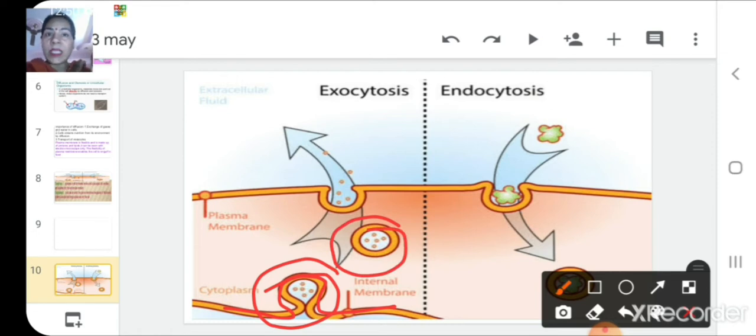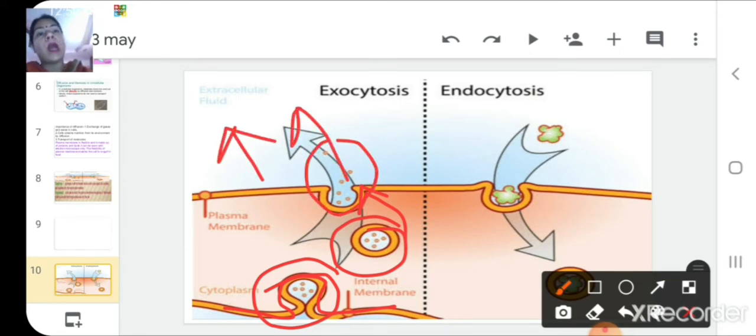In this vesicle, the waste material is packed. After some time, the vesicle moves towards the outer periphery of the plasma membrane, ultimately attaches to it, and then releases the waste material out of the cell. This is the outer environment in which the waste is thrown out. So this process is known as exocytosis.